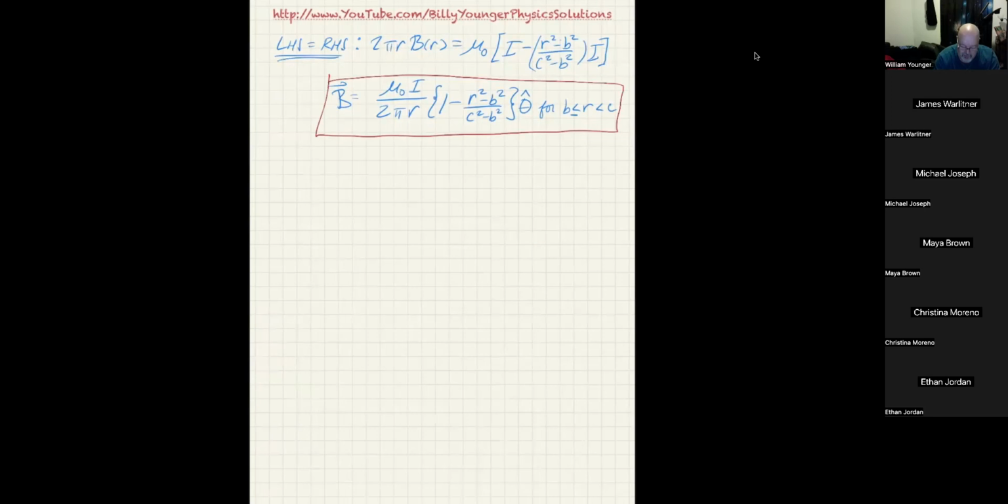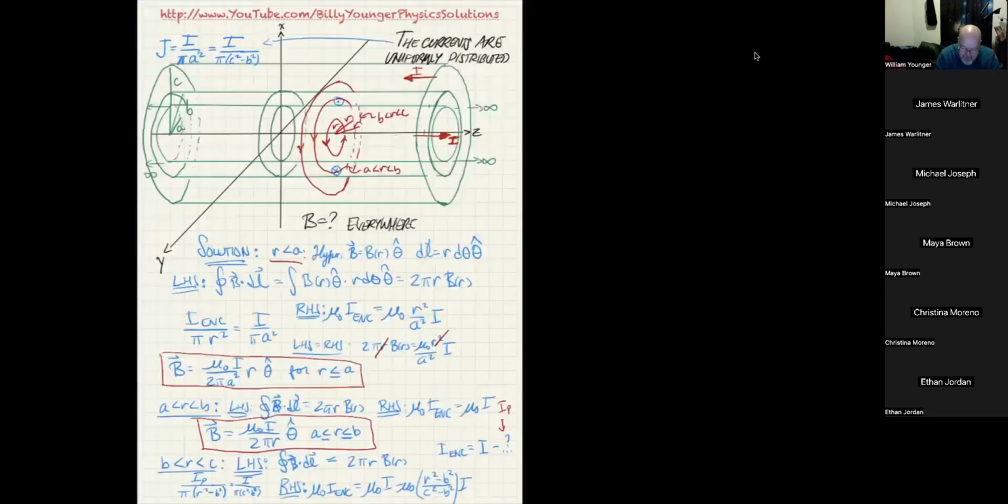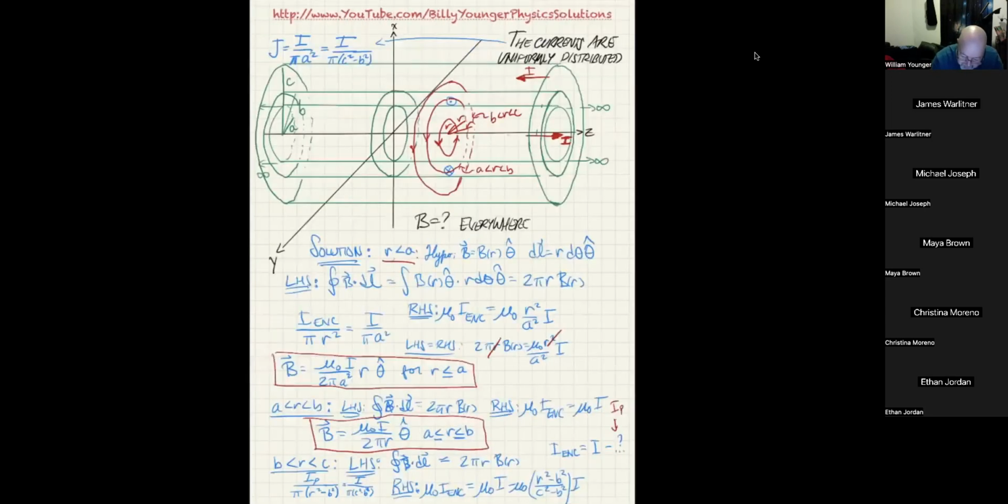All right, so we got one more part. We've got c less than r is all we have left. Now, if we go back here and look, we can make our Amperian loop. Our Amperian loop is going to look something like this.